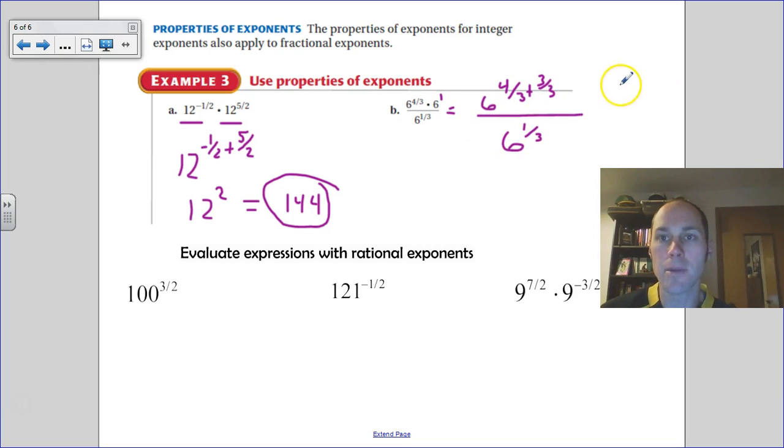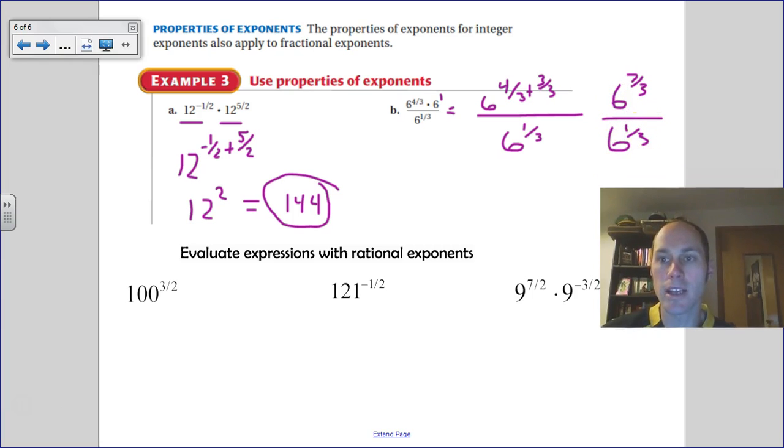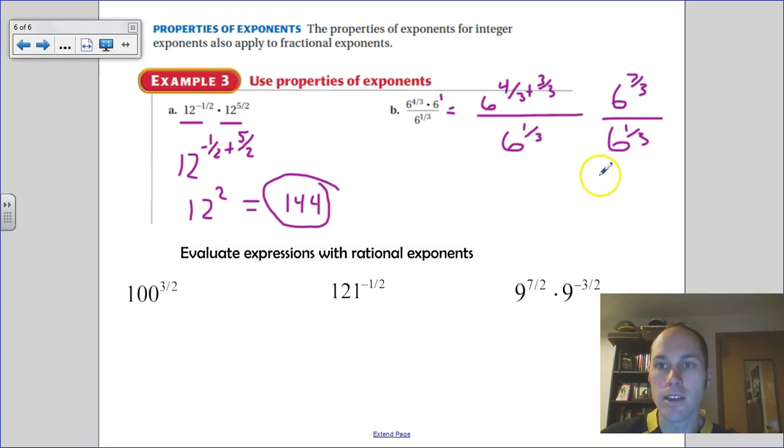Adding exponents on top, I get 6 to the 7 thirds over 6 to the 1 third. Now when we divide with the same base, we subtract exponents. So that'll leave me with 6 to the 7 thirds minus 1 third, which is 6 thirds, and 6 divided by 3 is 2. So 6 squared, which is 36.